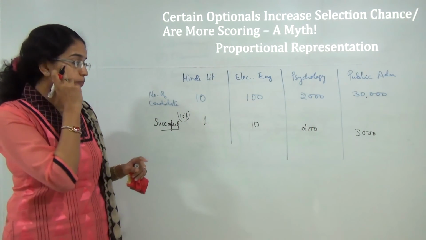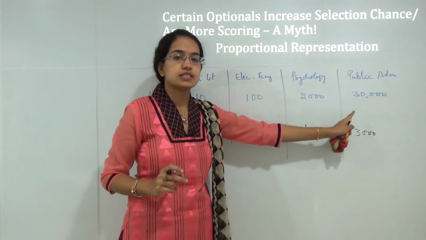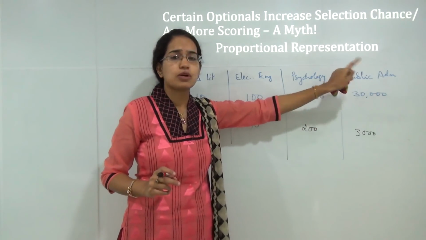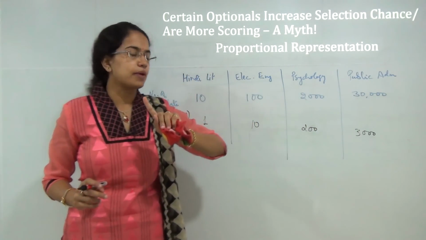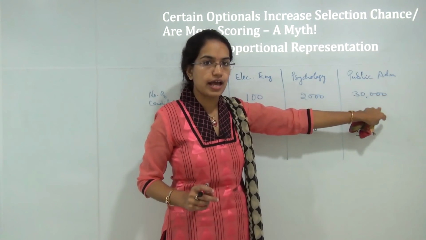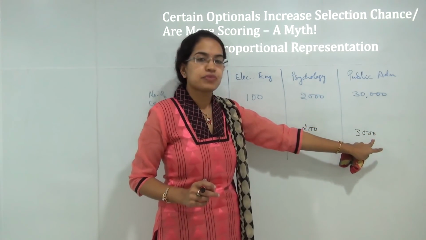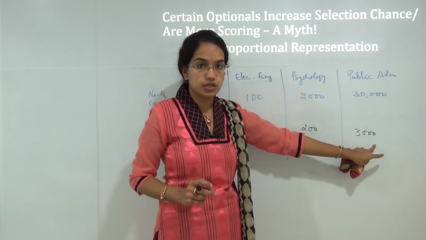What does that mean? It's never ever the game that selections are done only from certain subjects. It's only because the number of candidates appearing in certain subjects is higher, people tend to set the idea that only this optional will fetch me good marks.